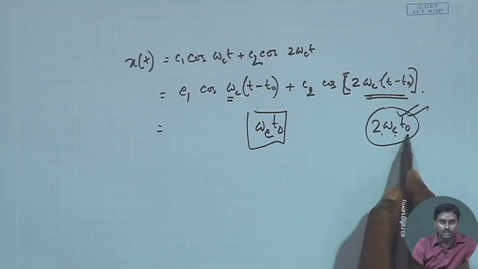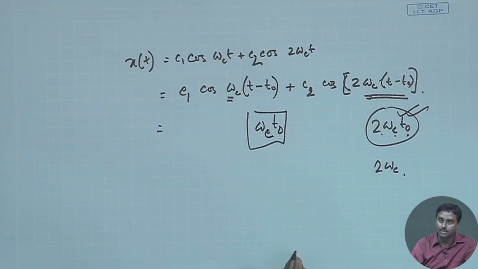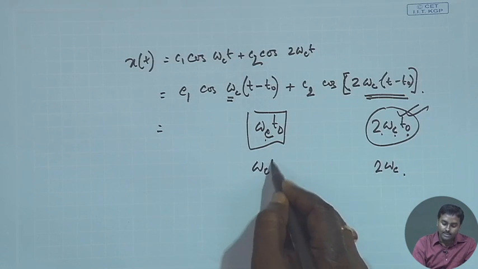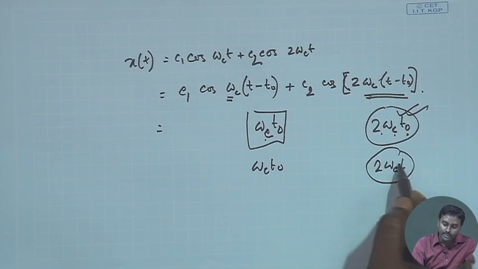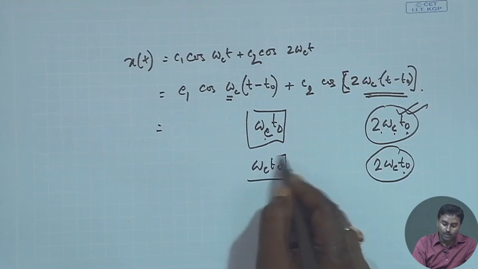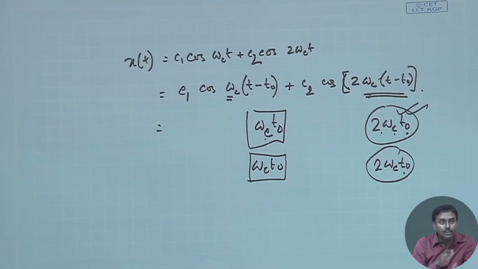That means the phase will not be equal, it will actually grow linearly with frequency. The phase is 2 omega_c t0 for the 2 omega_c frequency, versus omega_c t0, so it gets doubled. Whenever your frequency gets doubled, the phase shift will be doubled.